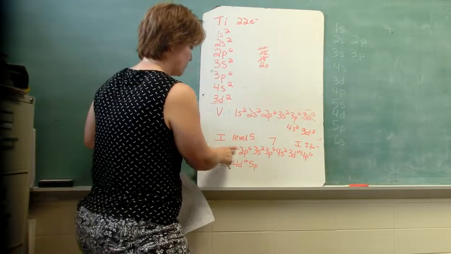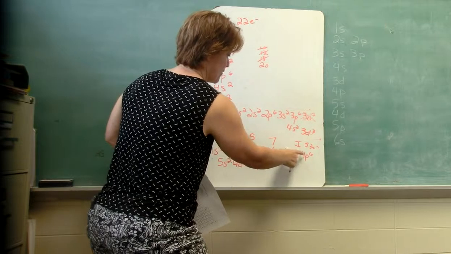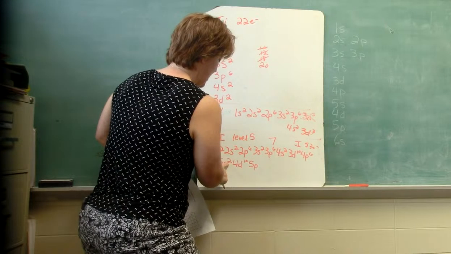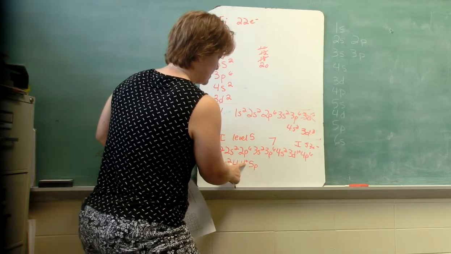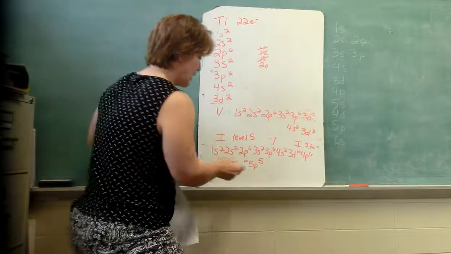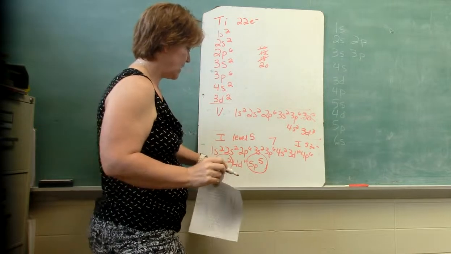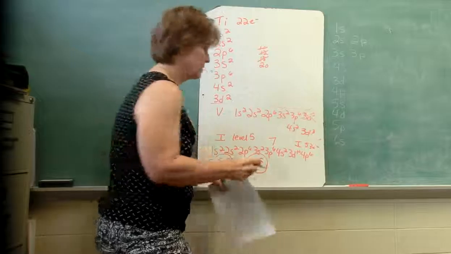How many do I have left? 2, 4, 6, that's 10, 2, 4, that's 10 again, 20, 36, 38, 48, I have 5 left, 5p5. And now I can see in level 5, I have 2 plus 5 equals 7.